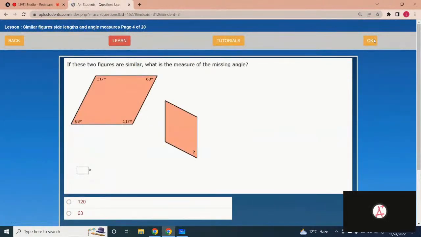Okay, you have to find the missing angle. They are the similar figures. So how can you find the missing angle when you are working on similar figures? The missing angle is 63.